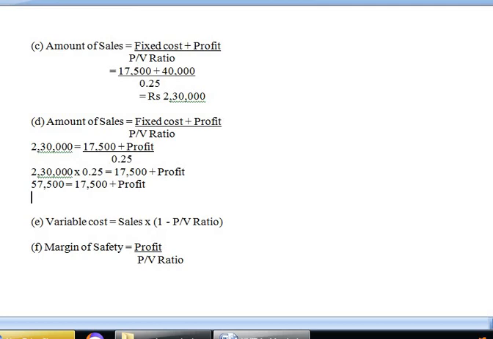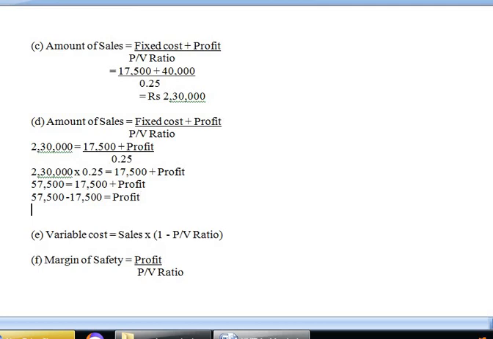Okay, so 57,500 minus 17,500 is equal to profit. So that is 40,000 is equal to profit. Okay, hope so everybody has understood this.